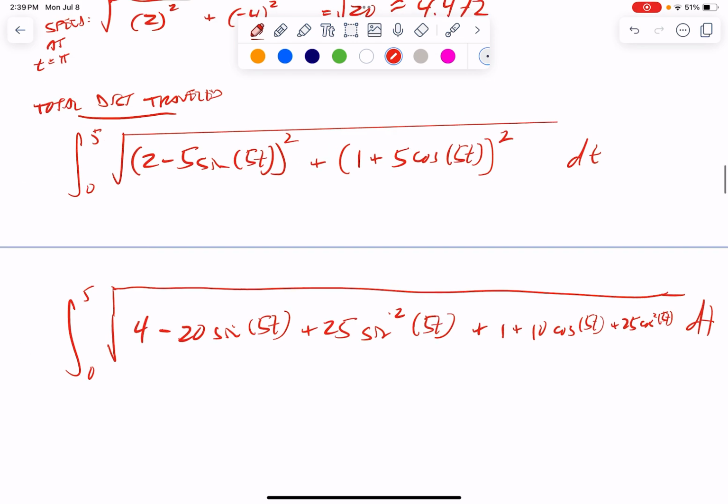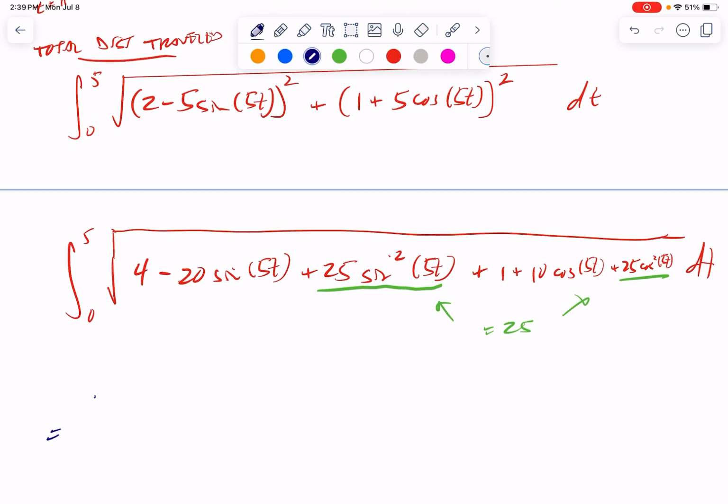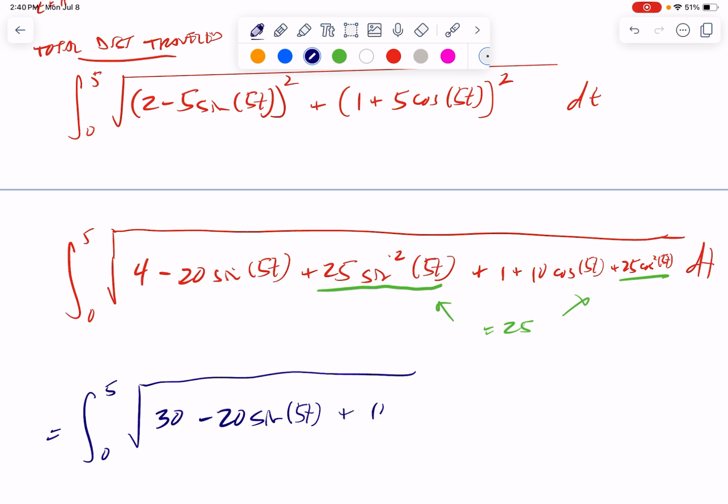And what happens, at least in this case, is here we have 25 sine squared, and here we have 25 cosine squared. So these together are actually equal to 25, because sine squared plus cosine squared of the same angle is 1. So when we combine that with the other constants, we would have a 4 and a 25 and a 1, so that's 30. And then minus 10 sine of 5t and plus 10 cosine 5t.